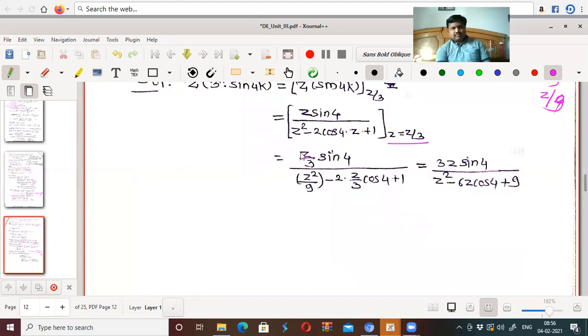Now multiplying numerator and denominator by 3, you will get 3z sine 4 upon z square minus 6z cos 4 plus 9. Okay, that will be the case.